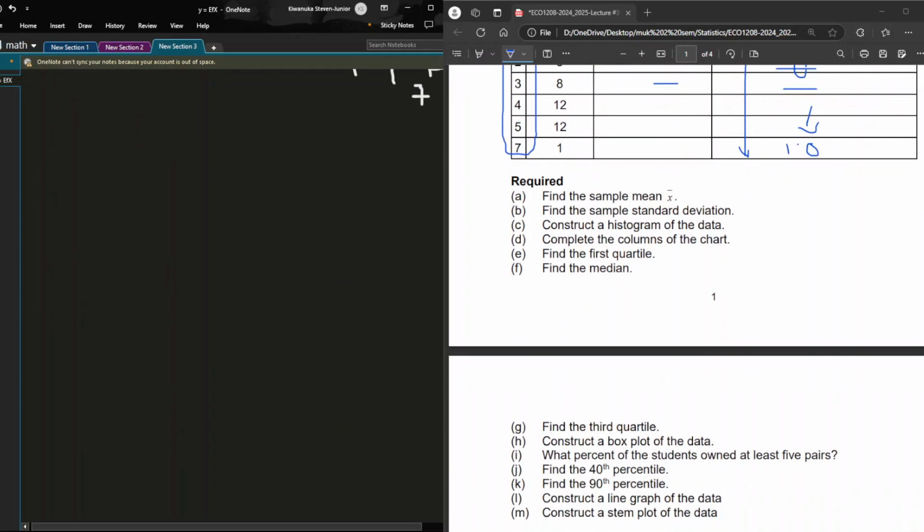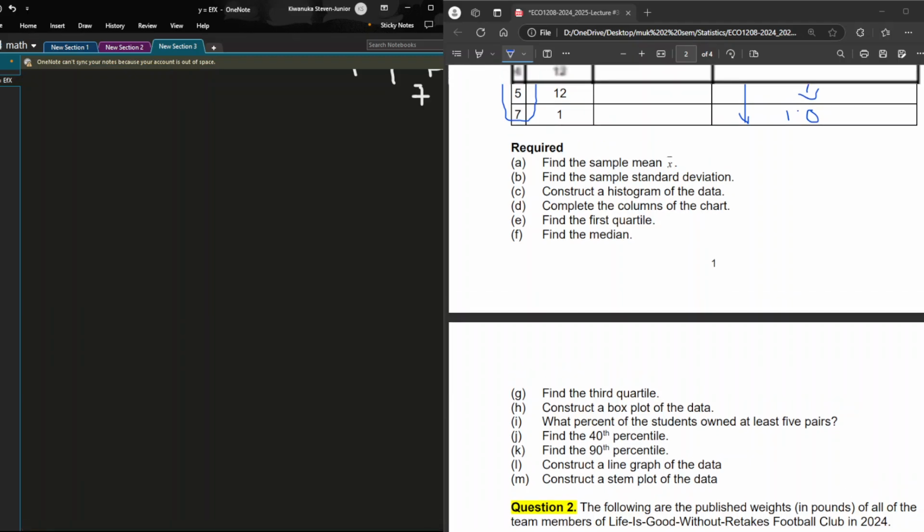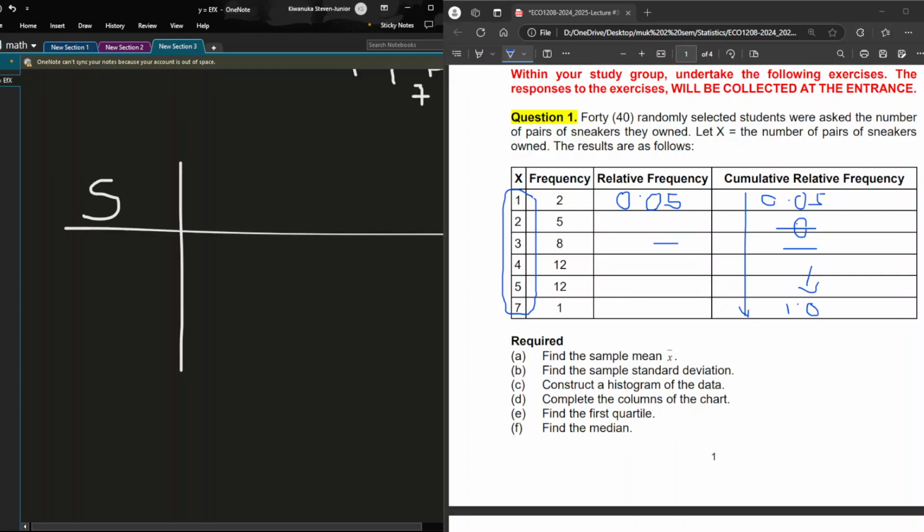Then we come to the stem plot of the data. We use this x and f to determine our stem plot. So we have the stem and the leaf.